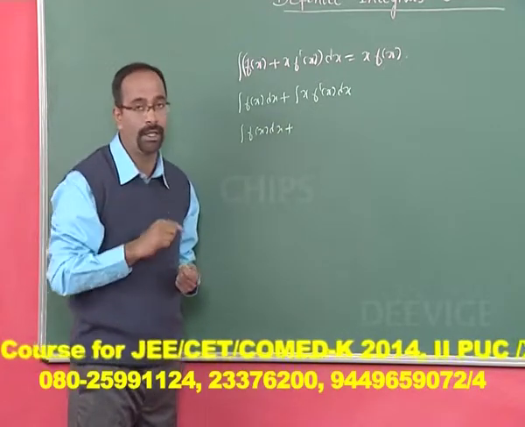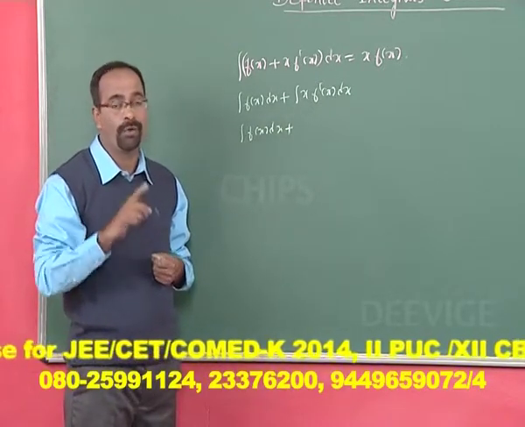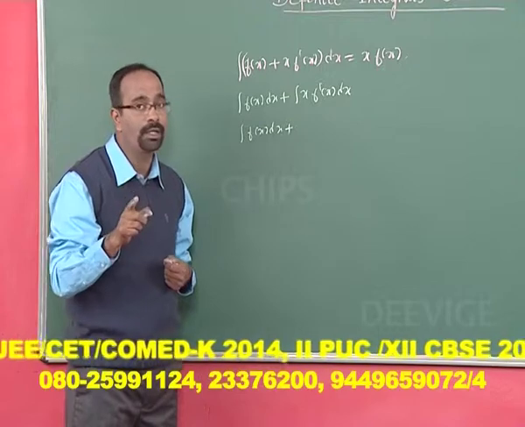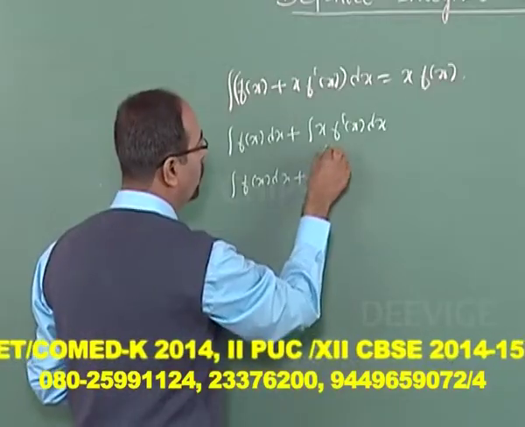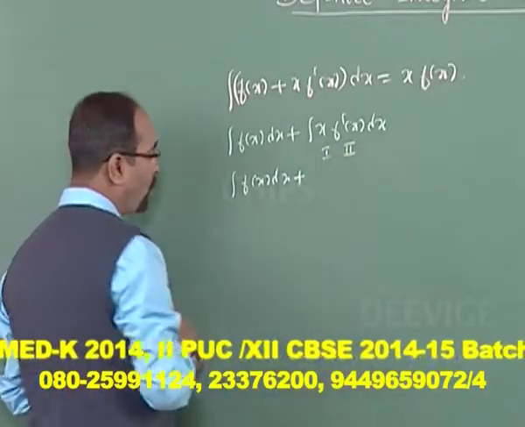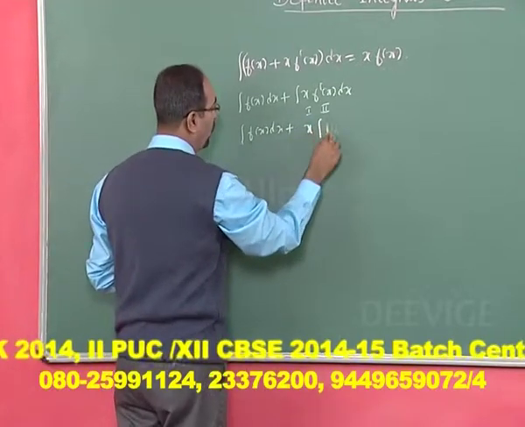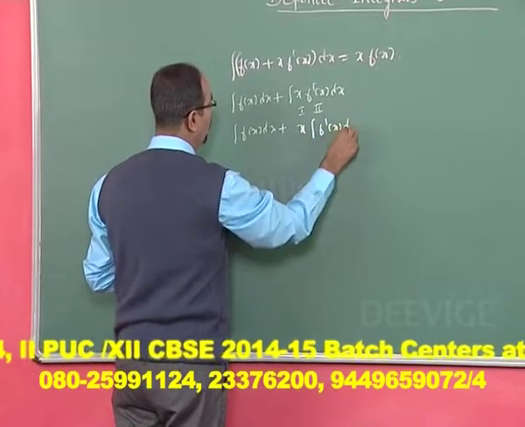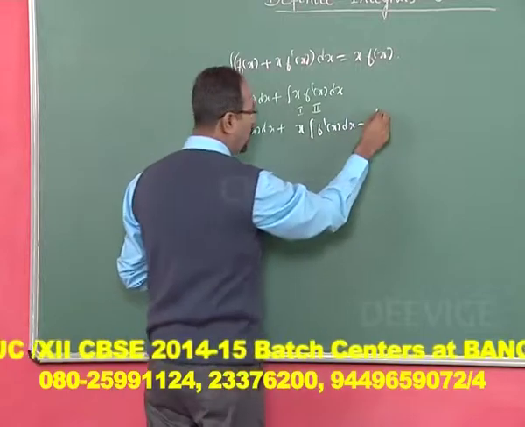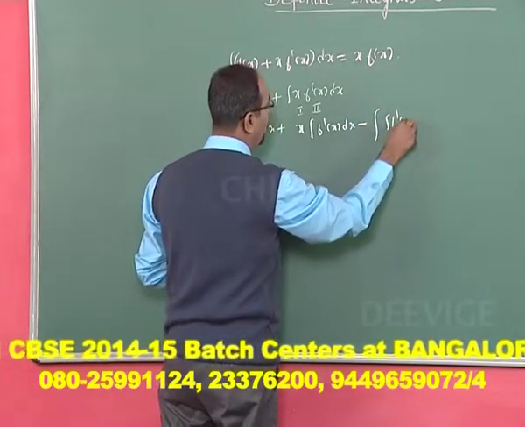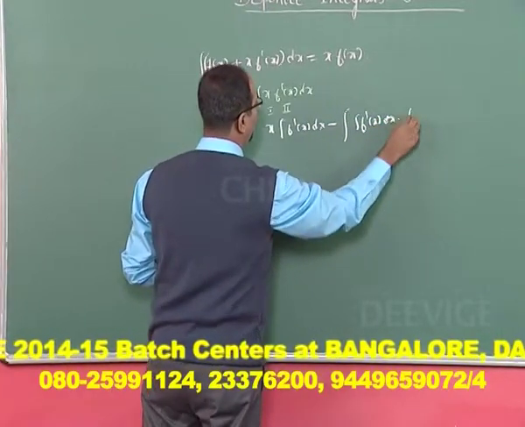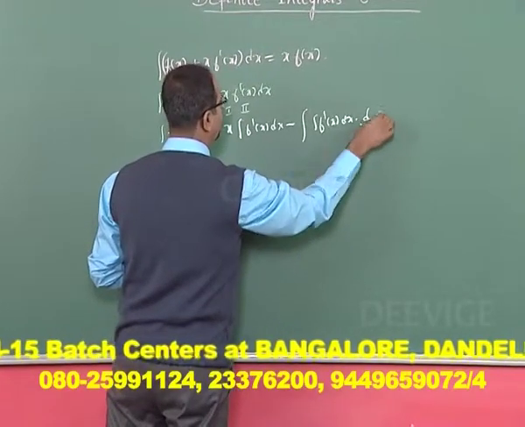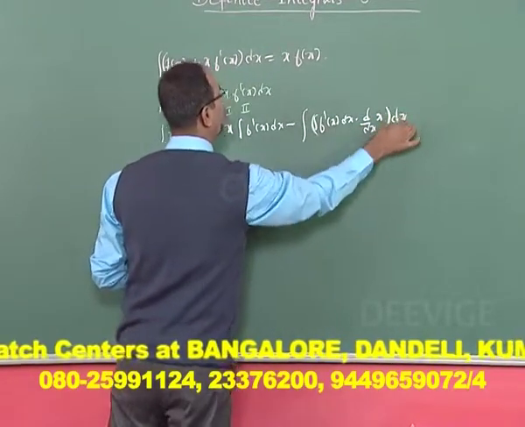Take f dash of x as an integrable function. Therefore, first function you should consider as f dash of x, and this is the second function. X into integral of f dash of x dx minus integral of f dash of x dx into d by dx of x with respect to x.